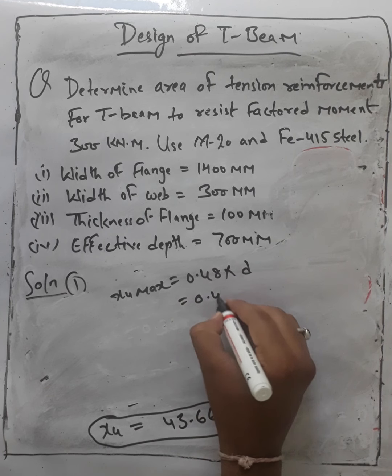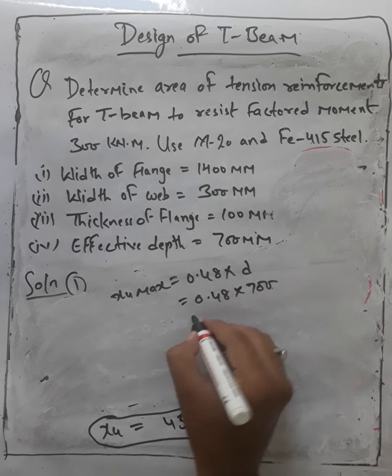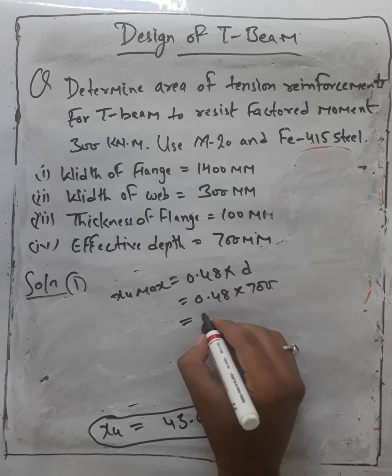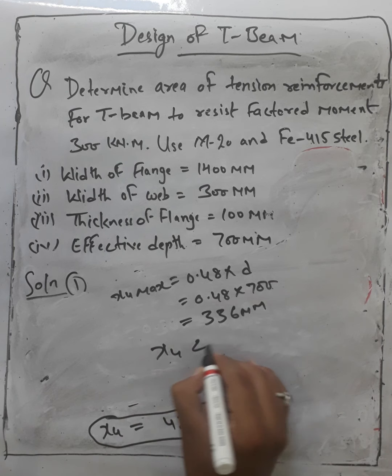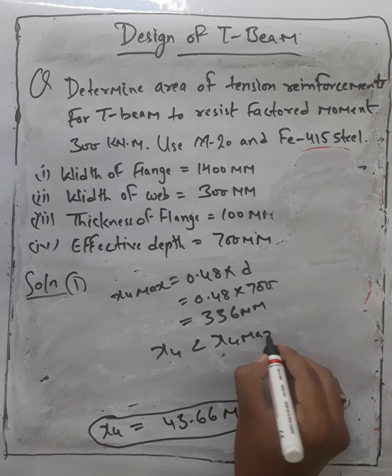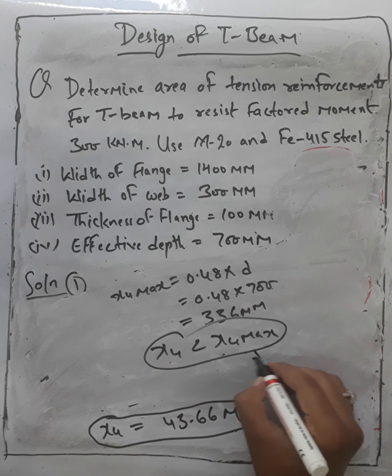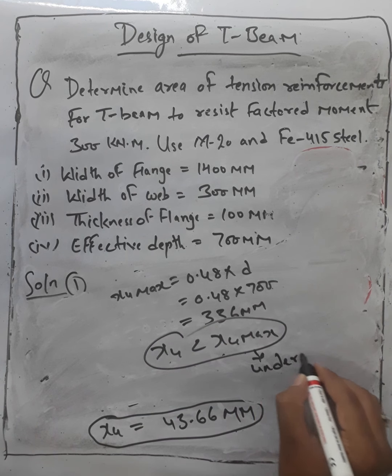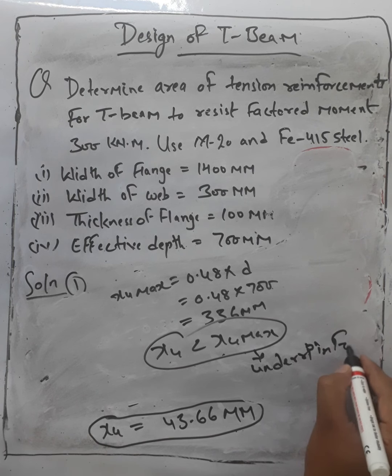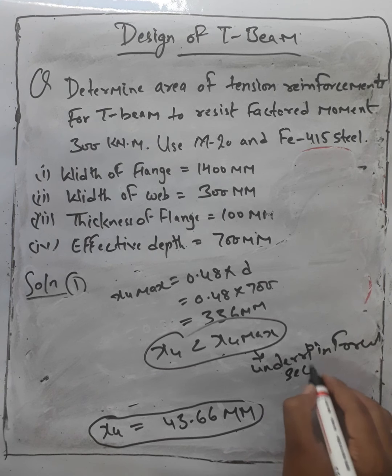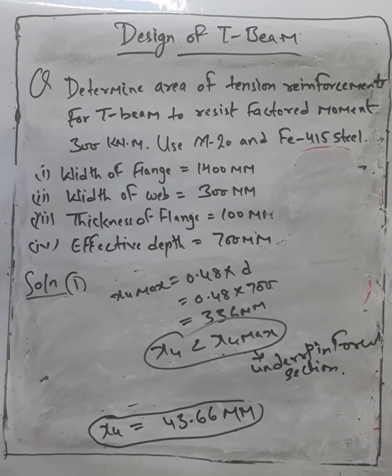So 0.48 into 700, here we get answer is 336 mm. That means xu is less than xu max. So this section is an under reinforced section. If this section is under reinforced, you have to find the Ast.